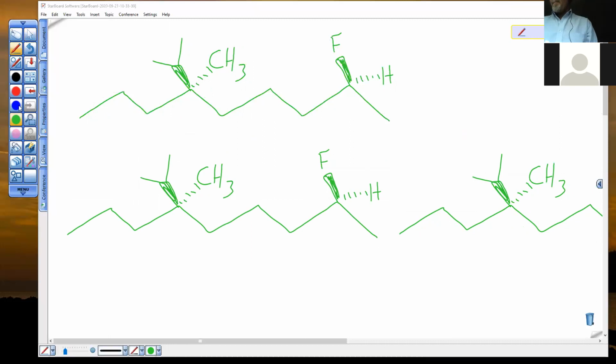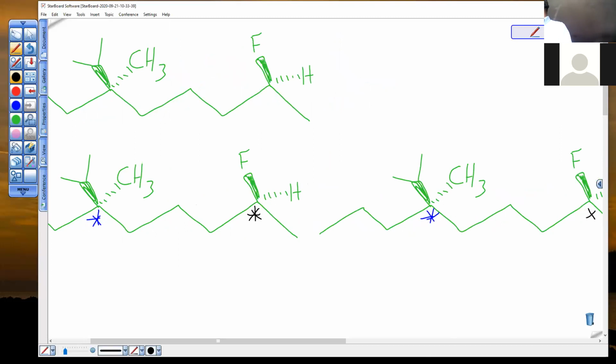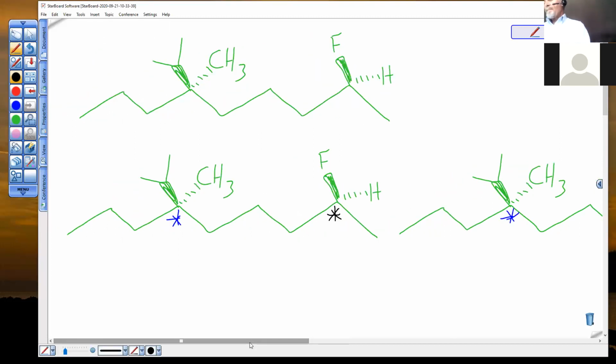Stereocenter 1 in blue. Stereocenter 2 in black. And we'll deal with stereocenter 1 on the left and stereocenter 2 on the right. 2 separate problems. Okay. Oh, wow. I jumped right to a stereocenter that has nothing but carbons attached.